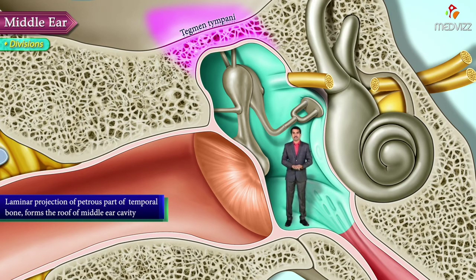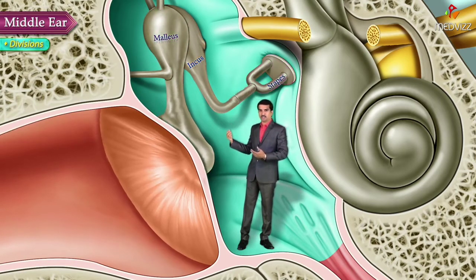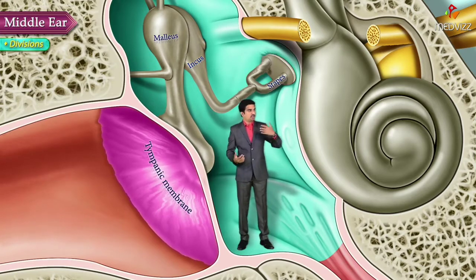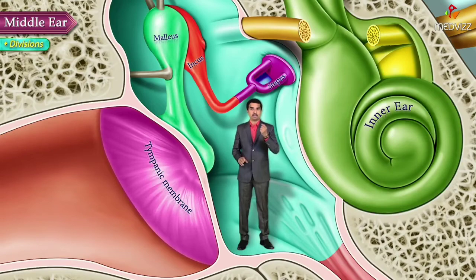And if you see here, the middle ear contains three important bones, the malleus, incus and stapes, which transmit the sound vibrations from the tympanic membrane extending towards the inner ear by means of these three important tiny bones present in the middle ear.